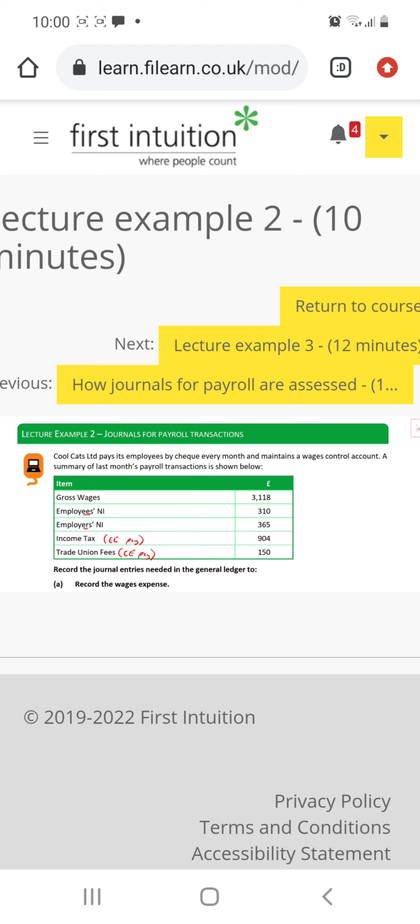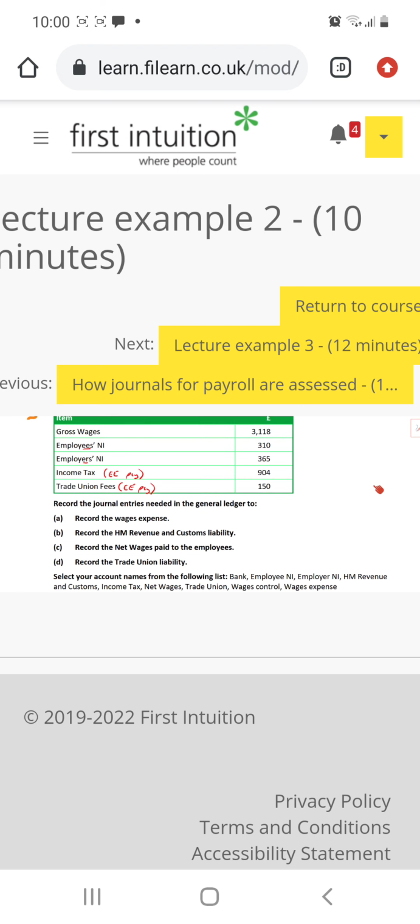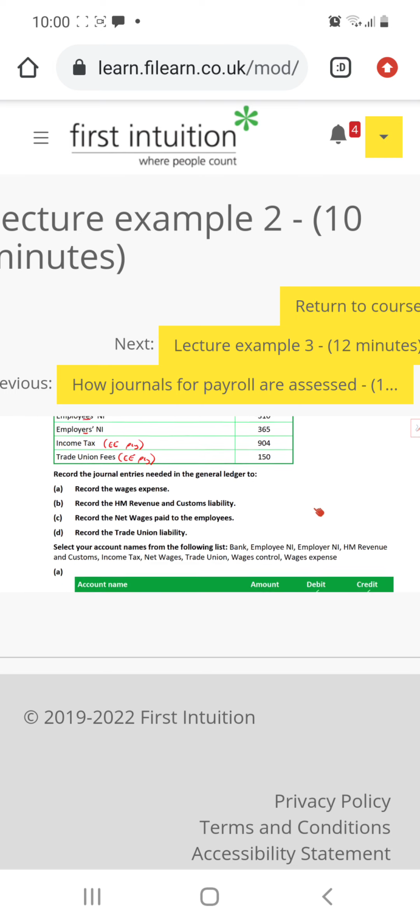So record the journal entries in the general ledger for the following: wage expense, revenue and customs, net wages, trade union. We've got an account name list to use, so our account name needs to be something that appears on that list.